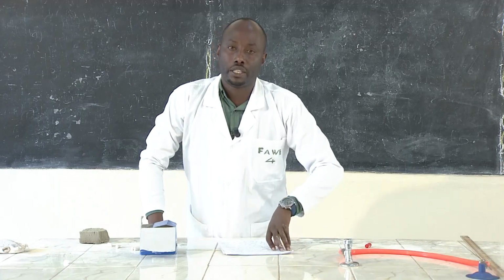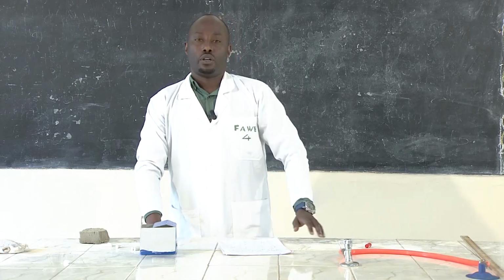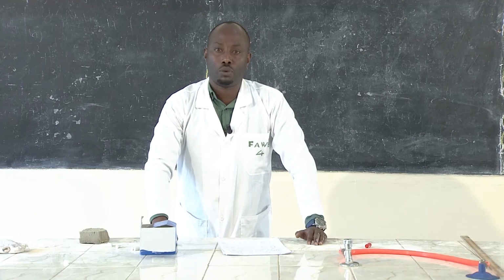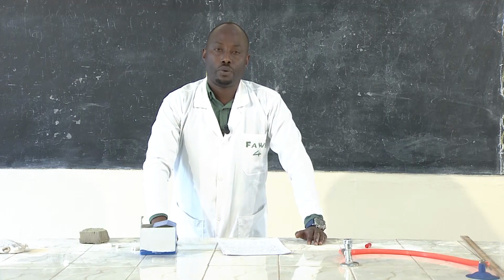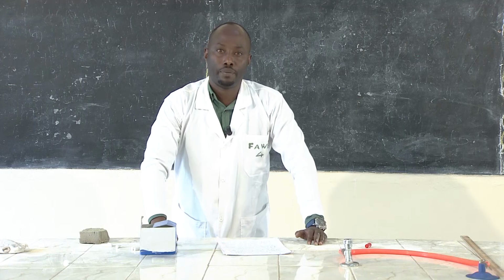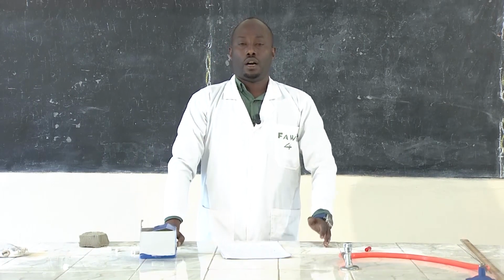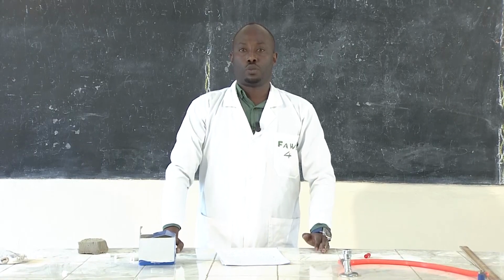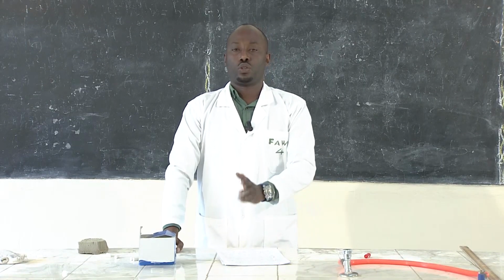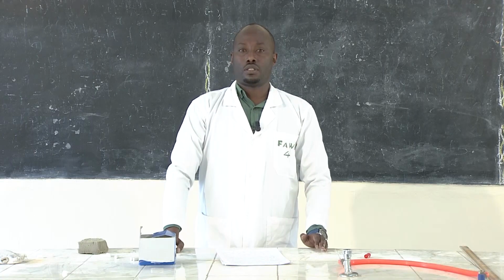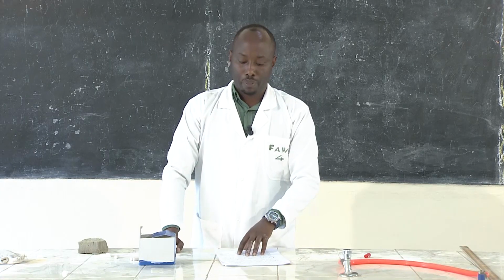So today I will be taking you through Unit 5, which is concerning plant cells and animal cells. Before we start our lesson today, let us take our exercise books, our notebooks, and note some important concepts concerning that unit.